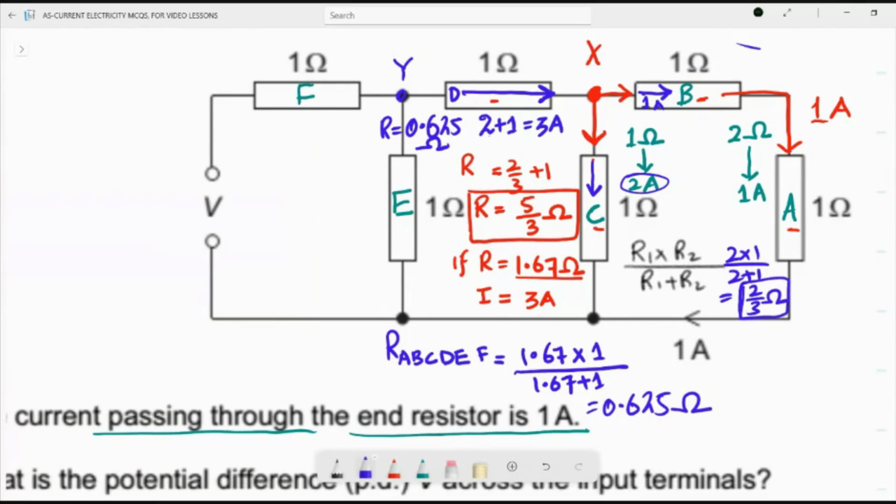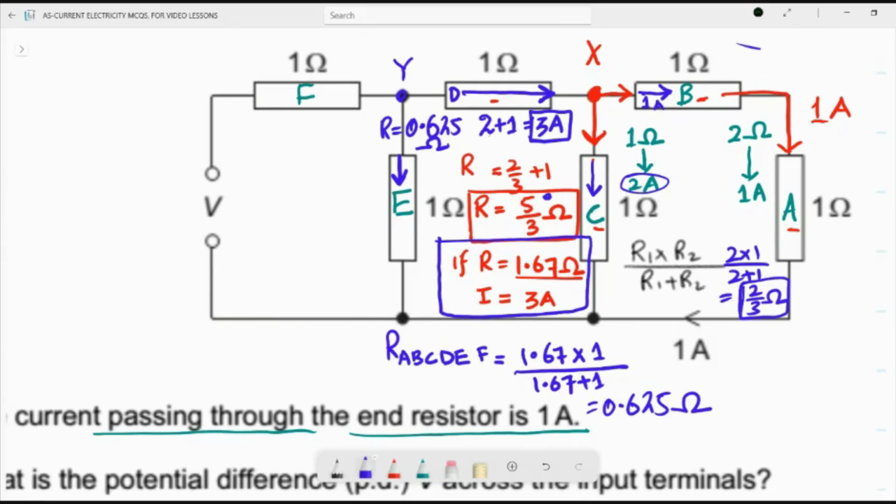Now, if 3 ampere was the current passing through the resistance of 5/3 ohm, as I have written here, then what would be the current flowing through this resistor E?